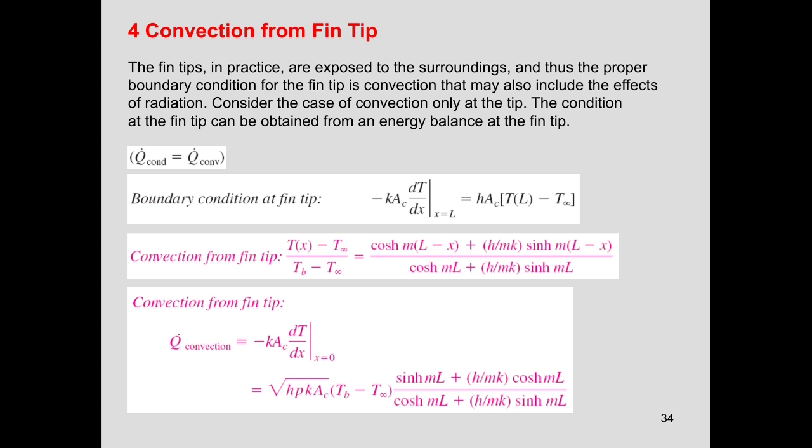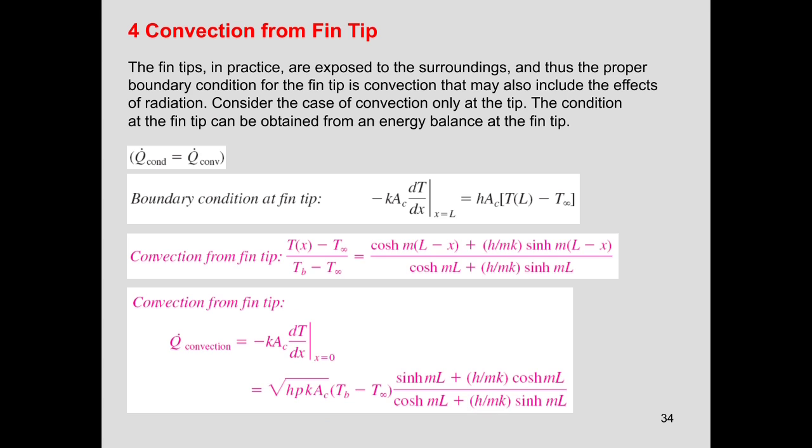And the last condition is convection from the fin tip. So for the last condition, we consider that convection heat transfer takes place from the fin tip. The fin tips in practice are exposed to the surroundings, and thus the proper boundary condition for the fin tip is convection, which may also include the effect of radiation.